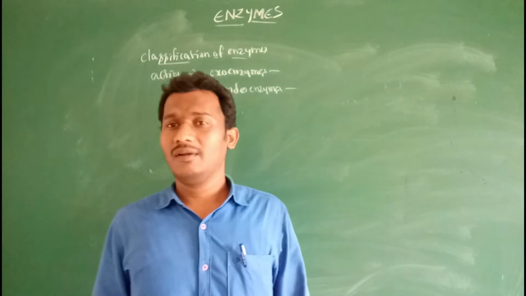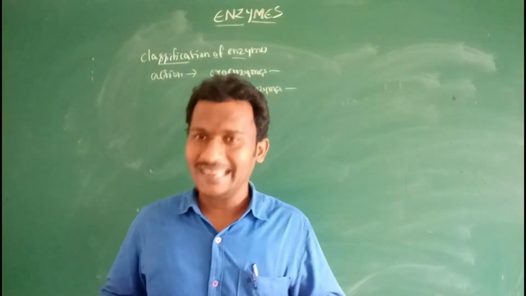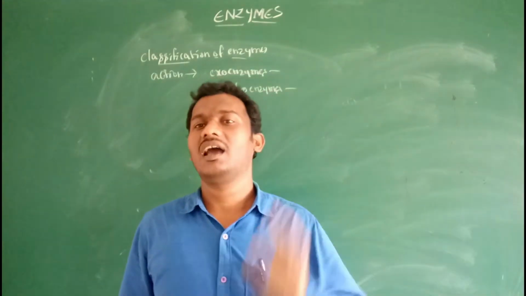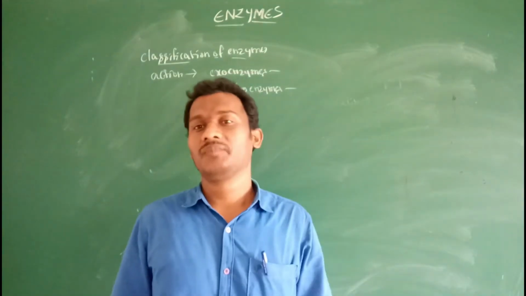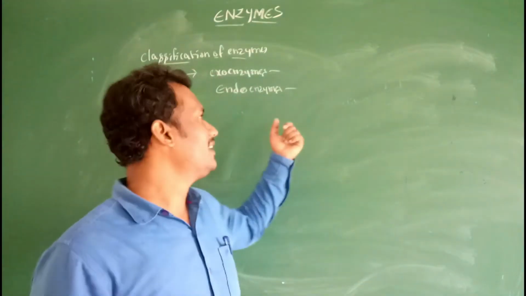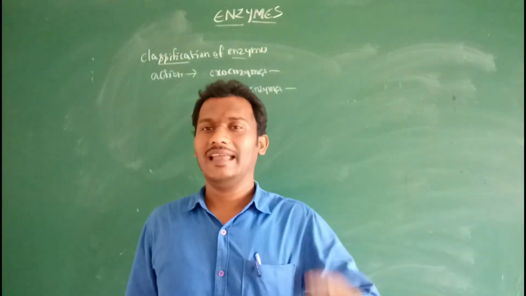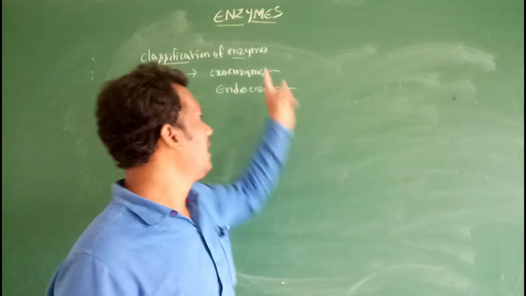These are of biological origin, synthesized inside the cell, but they may work outside the cell or inside the cell. So based on their action, enzymes are two types: exo enzymes, extracellular enzymes, and endo enzymes, intracellular enzymes.